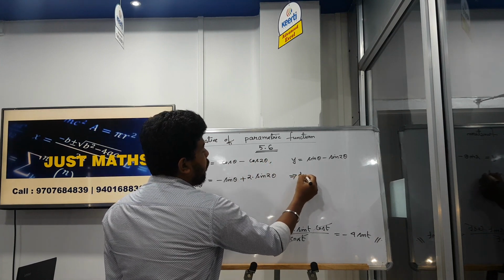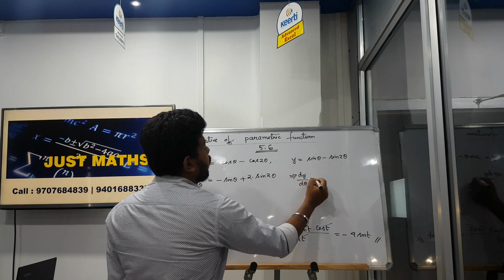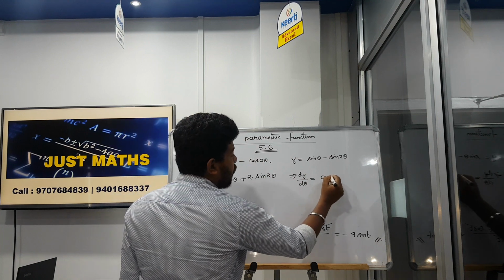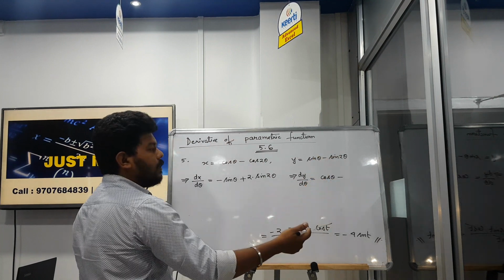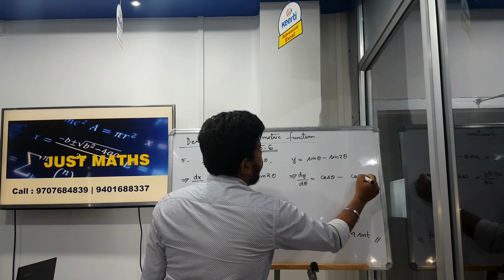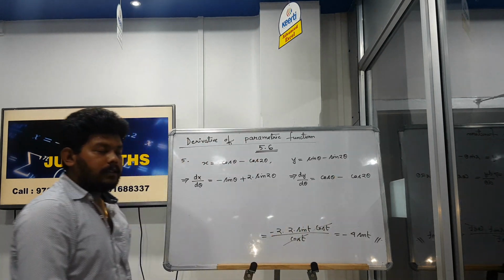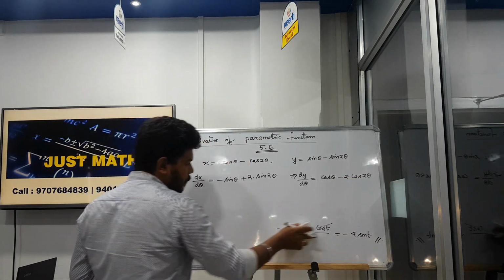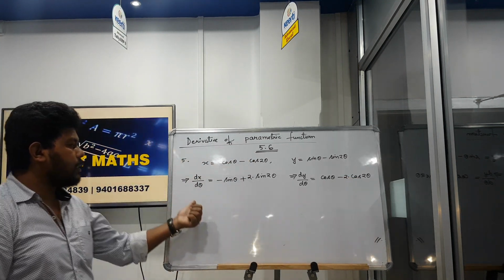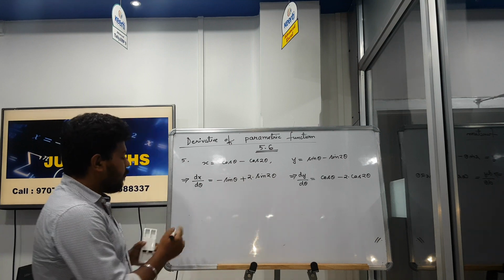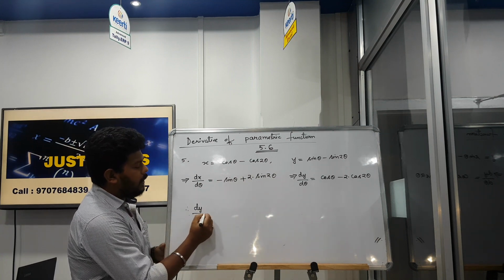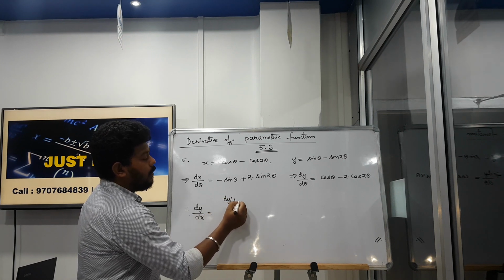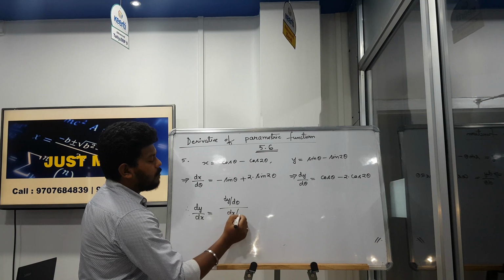Similarly, dy by d theta: for sin theta it is cos theta, and for sin twice theta it is cos twice theta, but it is twice theta, hence you have to write 2 into cos twice theta. After differentiating x and y with respect to theta, you can find the value of dy by dx as dy by d theta divided by dx by d theta.